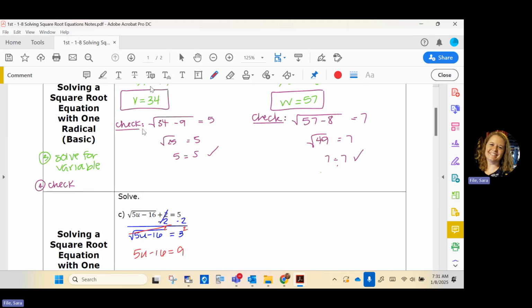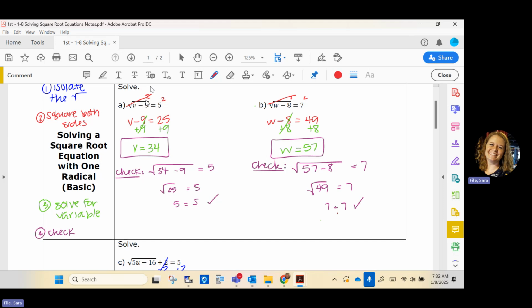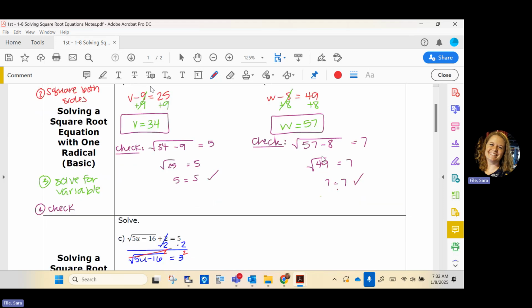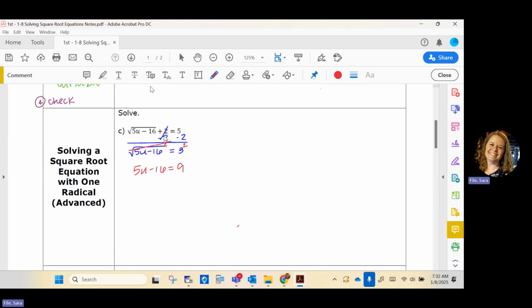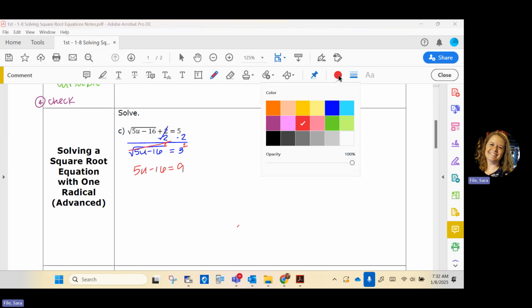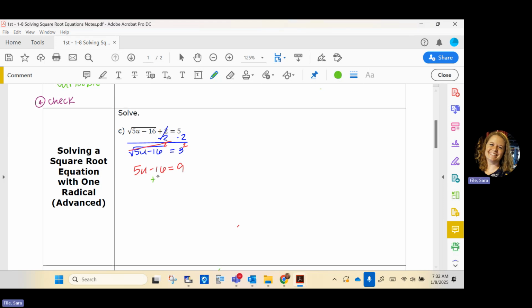Those were more basic because they were ready to be squared on both sides, and then you had one term to move. So pretty straightforward. This one's a little more complex just because we actually did have something to move to isolate first. Then when we square both sides, it's not just moving a constant to the other side. Now there's a coefficient in front of our variable as well. So we're going to have to get rid of that 5 also.